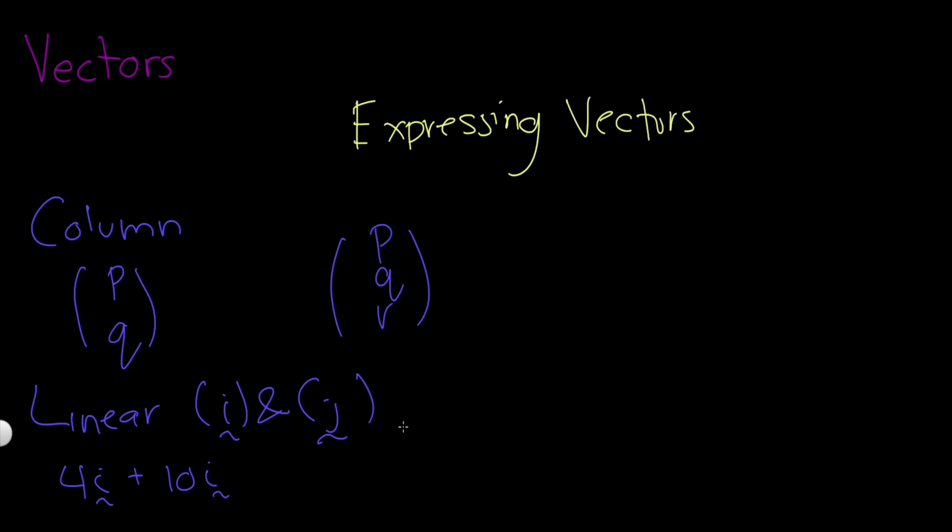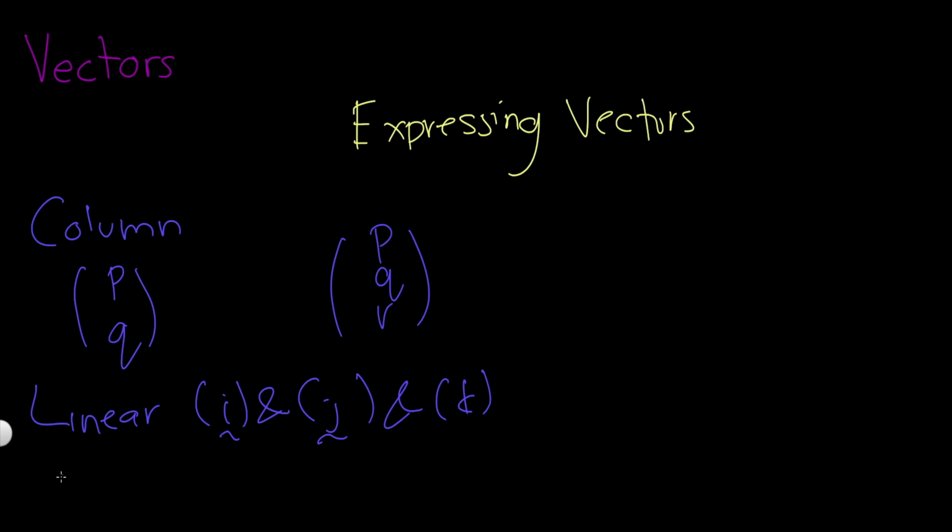And also for the linear combination, we have an extra letter that is k, which represents the z-axis in the Cartesian plane. So let's say I move 4 meters to the right, 2 meters backward, and fly 5 meters up.